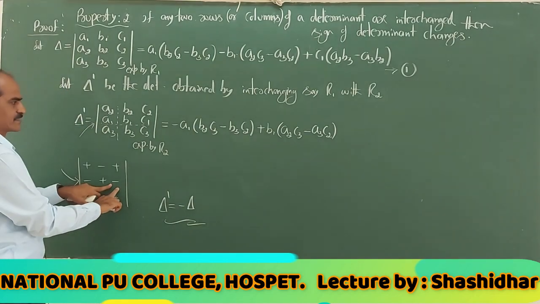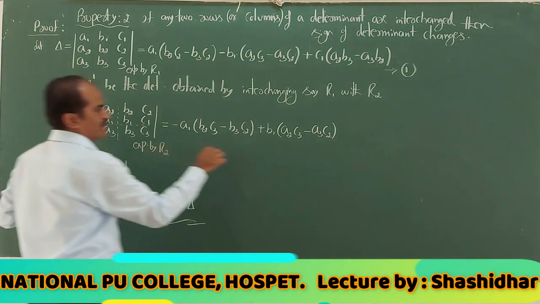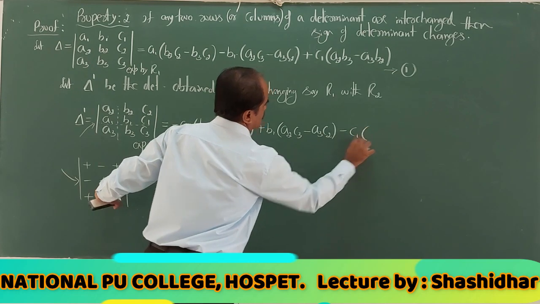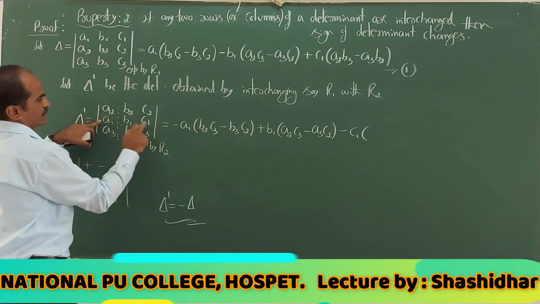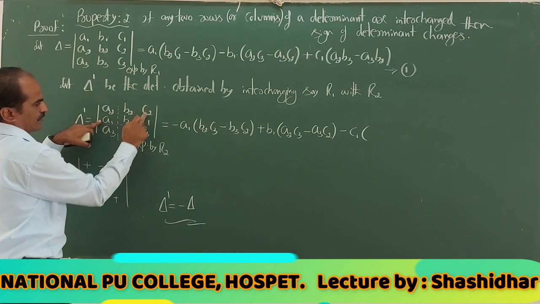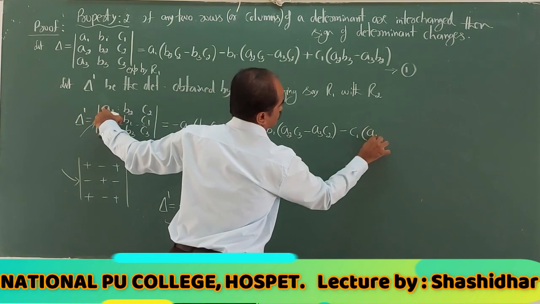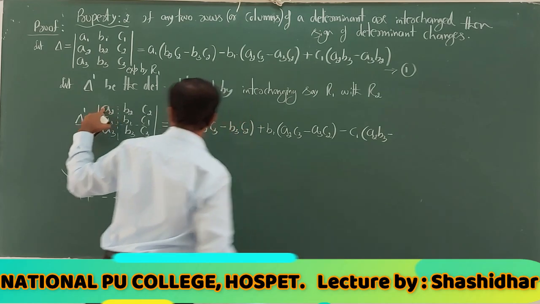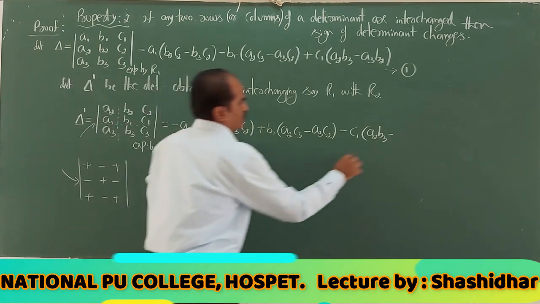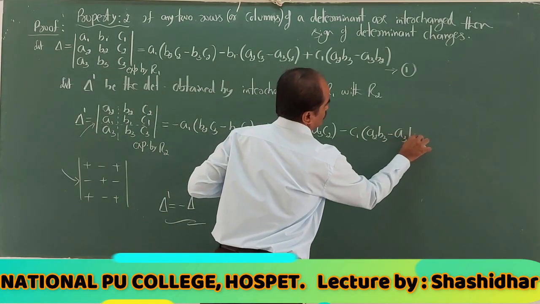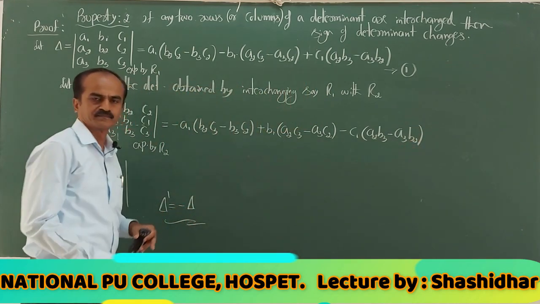Next, minus, element is C1, minus C1 into. Leave second row, third column. On leaving second row, third column, A2, B3 minus A3, B2. This is what I get.